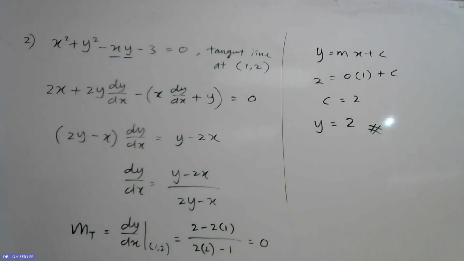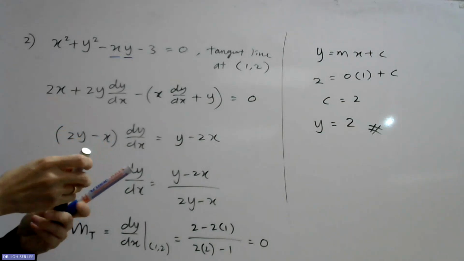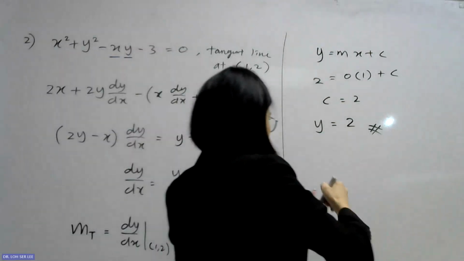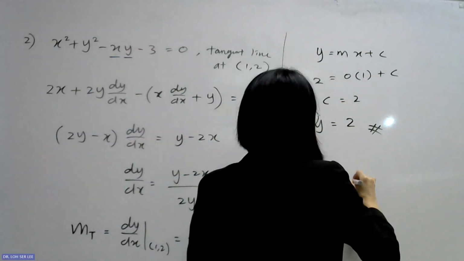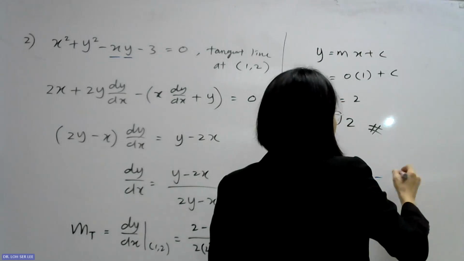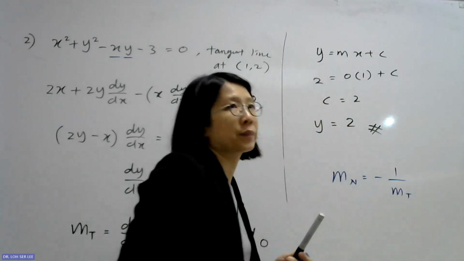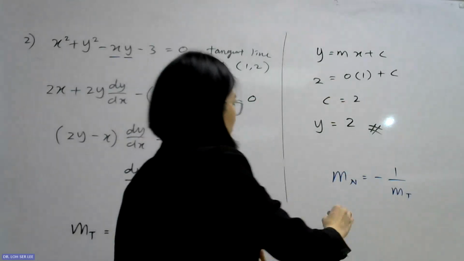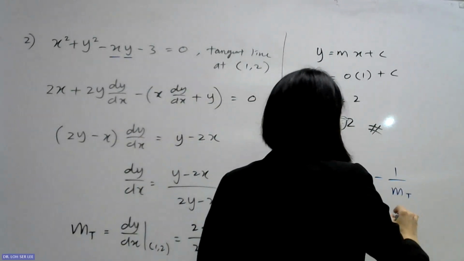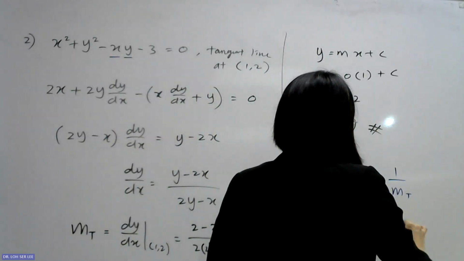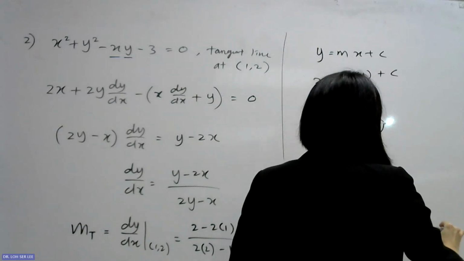Okay, question number 3 is similar, but in number 3 we want to find the normal line. So you need to get the m for the normal line, which is -1 over the m for the tangent line. The m for the tangent line is dy dx given the point.